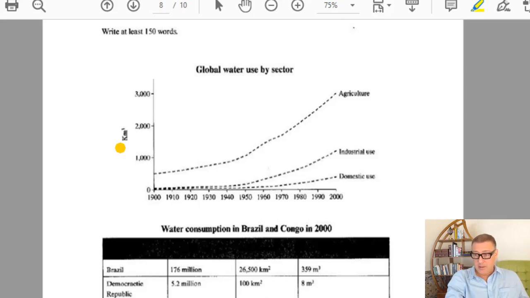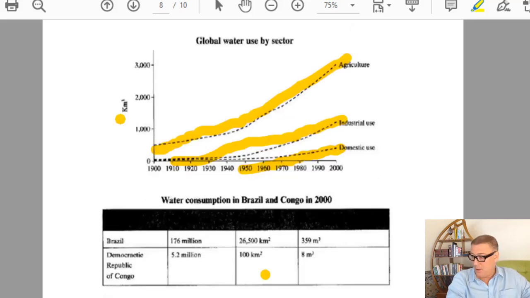In terms of increases and decreases: agriculture, increase; industrial use, increase; domestic use, increase. Water consumption, let's look. I've just noticed that the graph that I've got does not include the category. If I remember correctly, that's the population of the country. This is the amount of irrigated land, and this is water use per person.